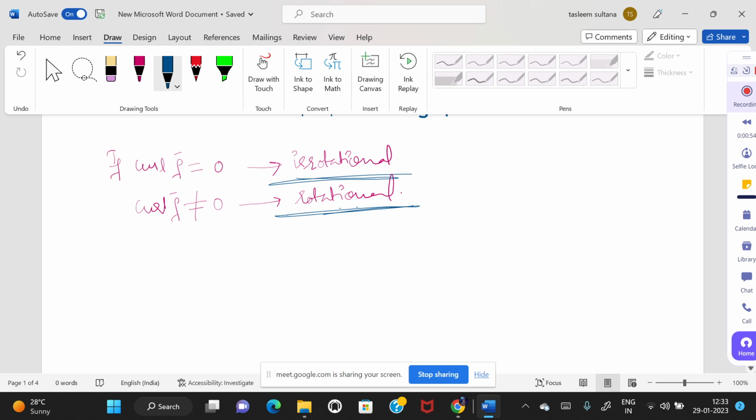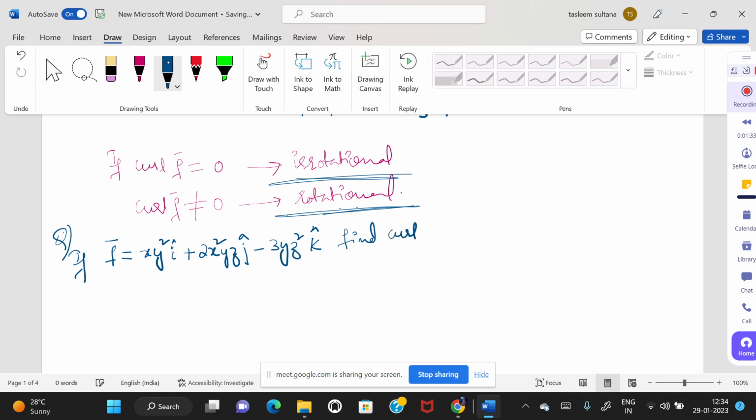If F vector is equal to xy square i vector plus 2x square yz j vector minus 3yz square k vector, find curl F vector at the point (1, -1, 1).